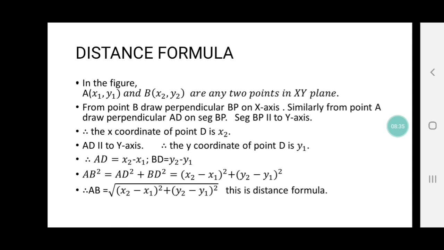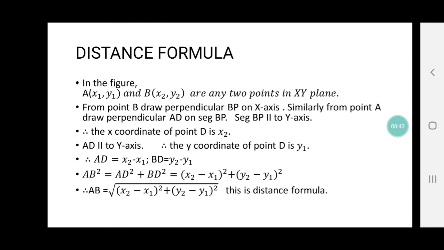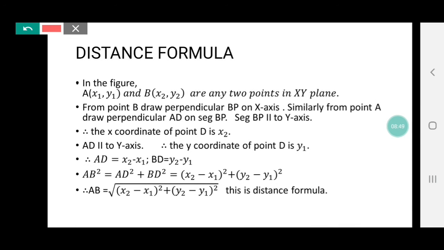Now the x coordinate of point D is x2, and AD is parallel to the x-axis. The y coordinate of point D is y1. So AD is equal to x2 minus x1, and BD is equal to y2 minus y1.